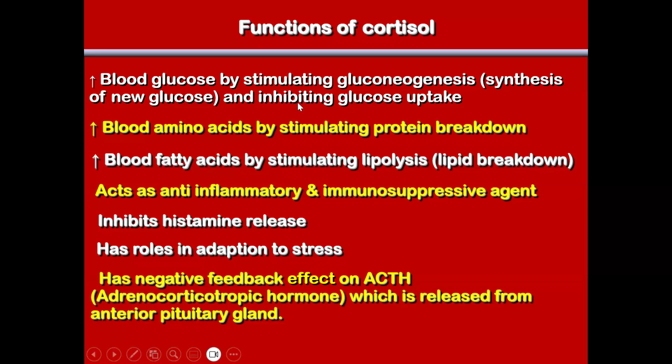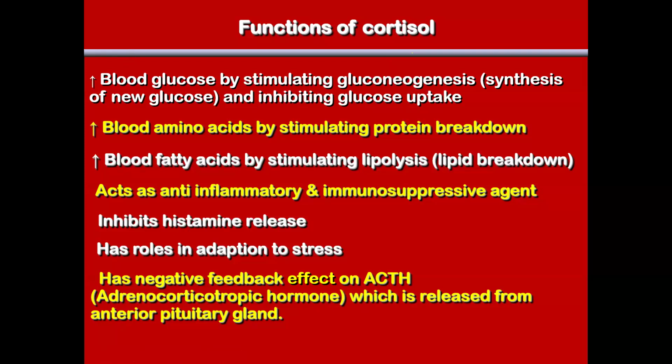Also, cortisol will cause inhibition of the glucose uptake by the cells. So glucose levels will increase in the blood, but this glucose will be inhibited from entering inside the cells. So as a result, glucose will stay outside the cell in the blood. So blood glucose level will increase because it is not allowed to enter inside the cell. So in the blood, glucose levels will increase because cortisol stimulates gluconeogenesis and cortisol inhibits the glucose uptake or glucose entry inside the cells.